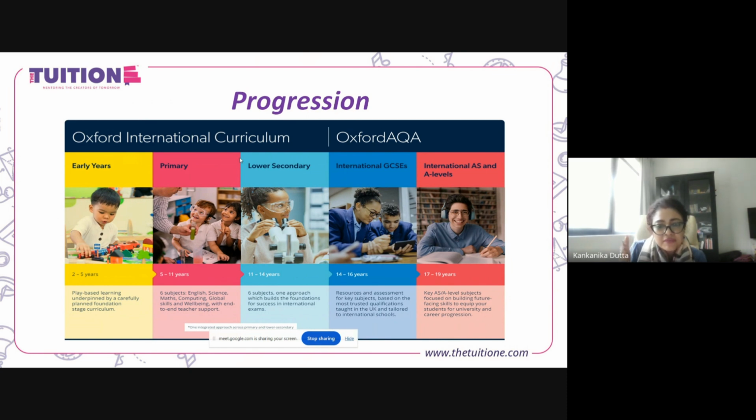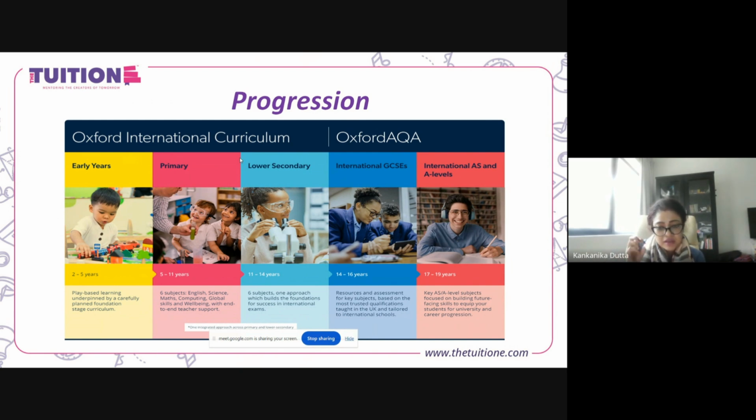Then 11 to 14 years, 6 subjects, then foundations. Then 14 to 16 years is the assessments, tailored for international schools. That's what I said: International, and then you have the A level. But you can see in all of these, it is very project based, and less writing, although there is an exam at the end for the core subjects.